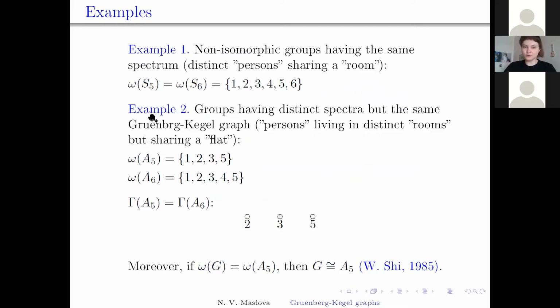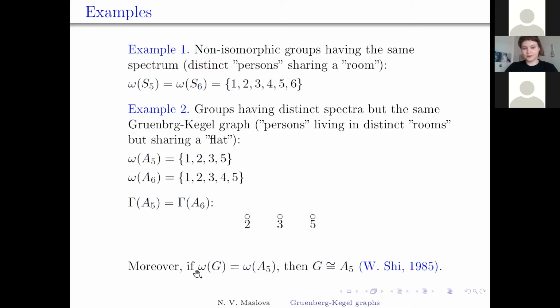There are two persons, at least two persons, living in the same flat but in distinct rooms. For example, if we consider the alternating group on 5 points and the alternating group on 6 points, then the Gruenberg-Kegel graphs coincide, but their spectra are distinct.